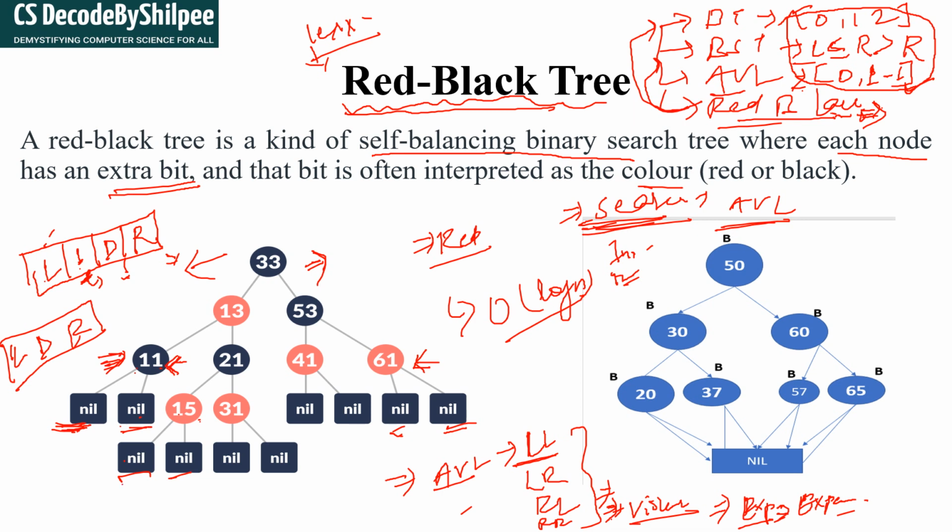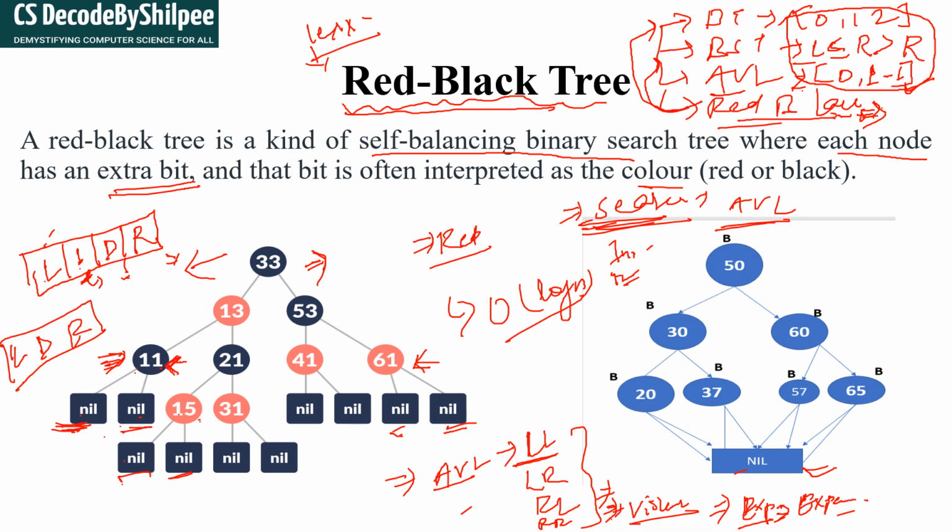Null means nothing, and I have created it just for the sake of representation. So this is one way, where you separately create the left node and right node as null. Another way is to create a single null, and connect both the left and right children to point to the nil.